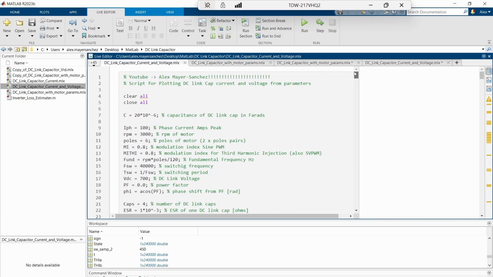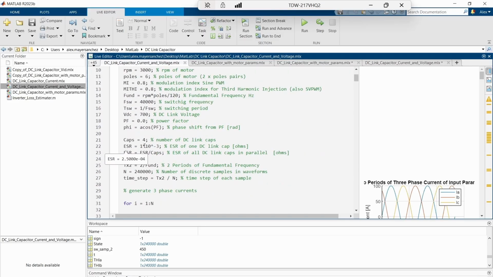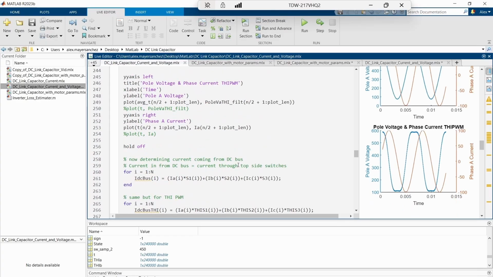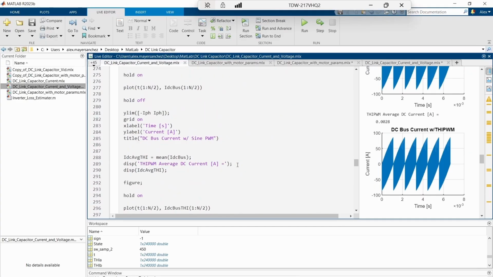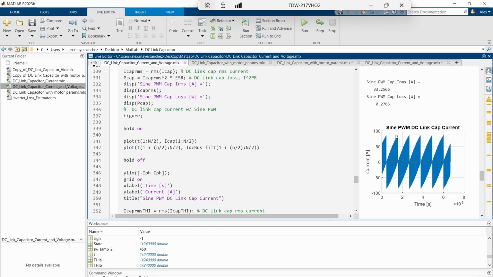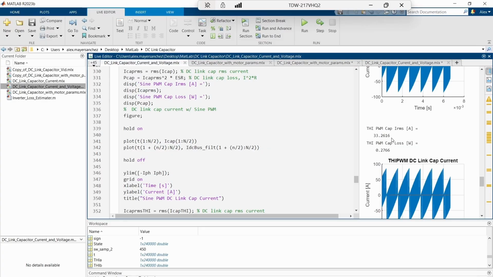At the beginning I said the DC link ESR was 1 milliohm, and we have 4 capacitors, so 1/4 of a milliohm is the total ESR, which is super low. You can see for sine PWM, we have 33 amps RMS through these capacitors, but the ESR is super low, so you end up burning about 0.3 watts. For third harmonic injection PWM, we have a similar amount, also about 0.3 watts of loss.